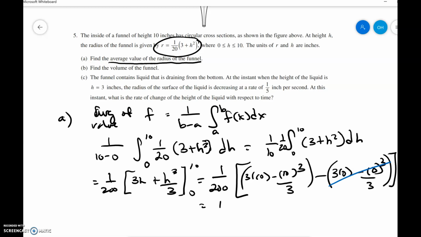So I end up with 1 over 200 times 30 minus 1,000 over 3.